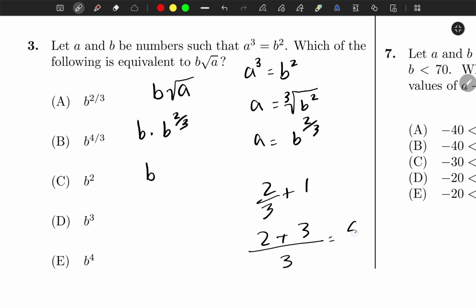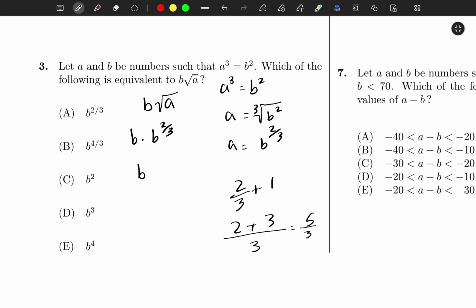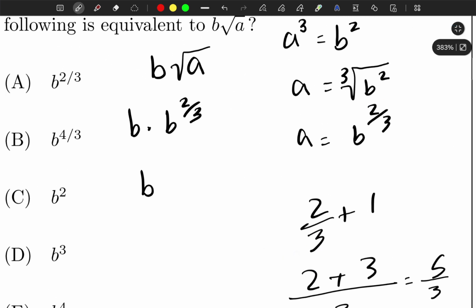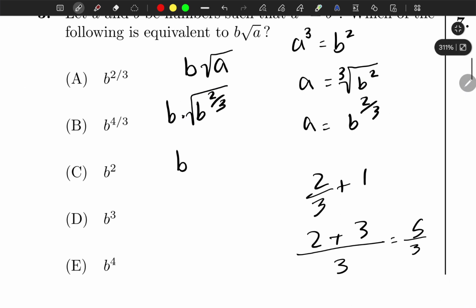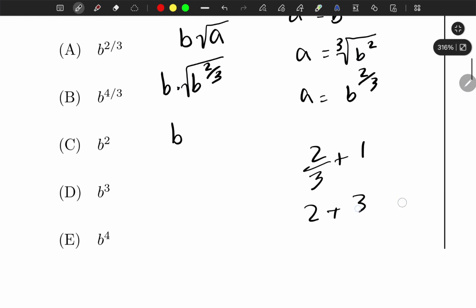That's going to be 5 by 3. But that's not an option. What did I do? Oh, I see. Okay, so it's an under root over here, so we had to write that as well. My bad.